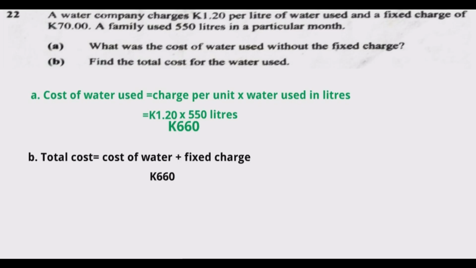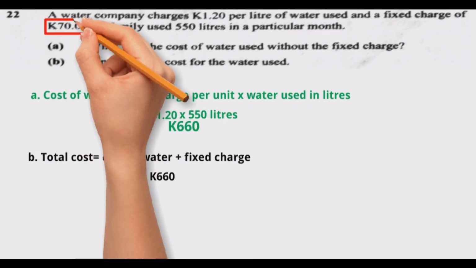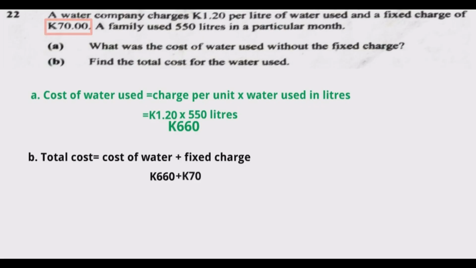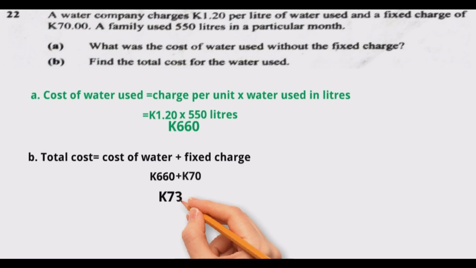Then 660 kwacha plus the fixed charge. The fixed charge we are told is 70 kwacha. So 660 kwacha plus 70 kwacha will give us 730 kwacha. So the correct answer is 730 kwacha as the total cost.